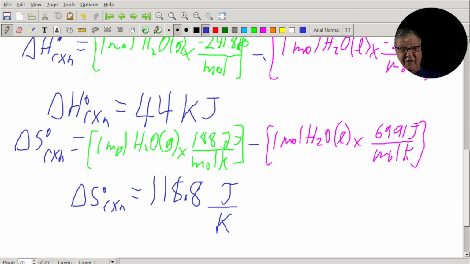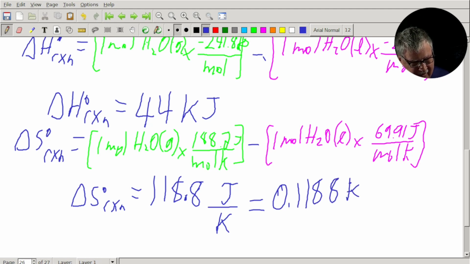Six of one, half dozen of another, right? Yeah, so we could change delta S to 0.1188 kilojoules per Kelvin. All right, that works.